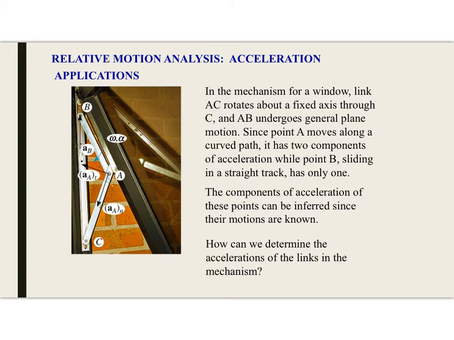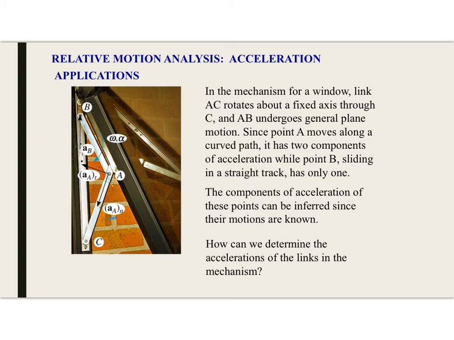And so here's a situation where we have a window. There's a lot going on with hinges and links here, and so AC is going to be rotating. The axis goes through point C. Point AB is going to go in plane motion, and so as A goes in a curved path, it's going to have some acceleration.